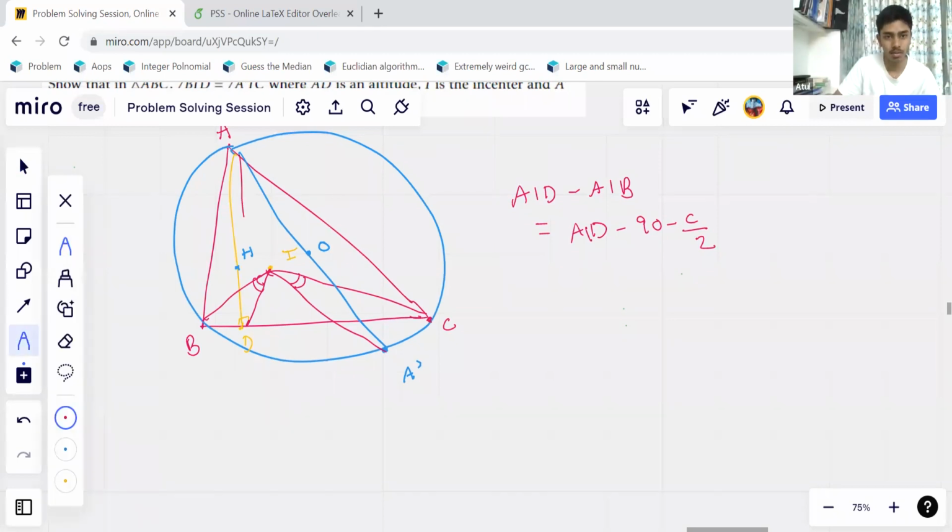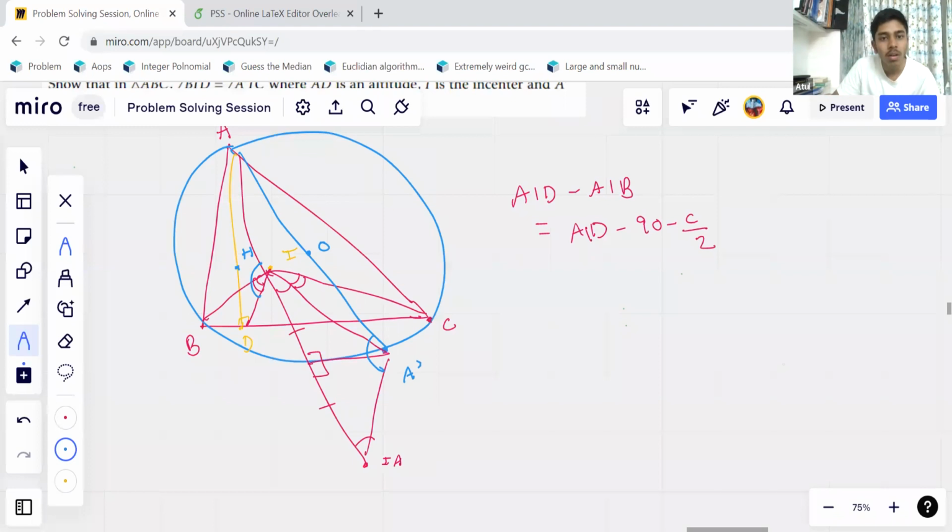IA goes to IA. That is true. Oh, that's actually very nice, because this is 90 degrees and this is equal to this. So these angles are actually equal. And we know that angle AID is equal to angle A dash IA.